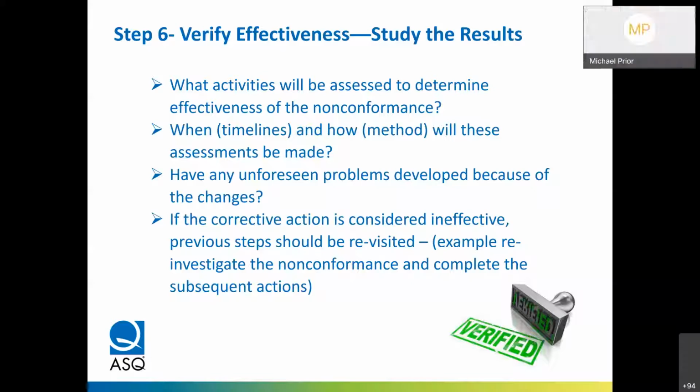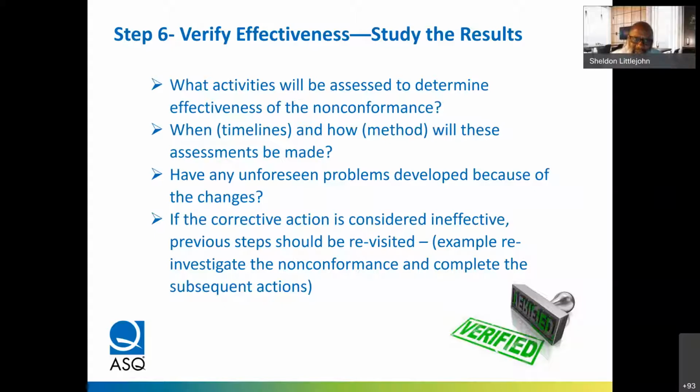So here we have to decide what activities will be assessed to determine effectiveness of the corrective action. What are the measures? What metrics are we going to put in place to determine effectiveness? When, the timelines, and by what method will these assessments be made? How will these assessments be made?